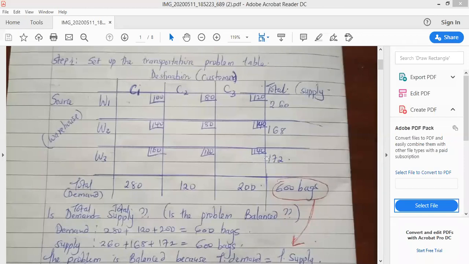If I draw my compass here, the cell in the northwest direction is cell W1C1, although you can still call it C1W1.